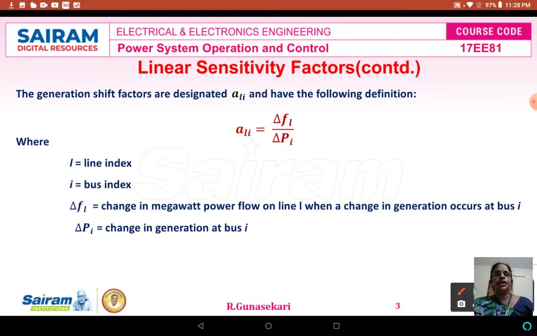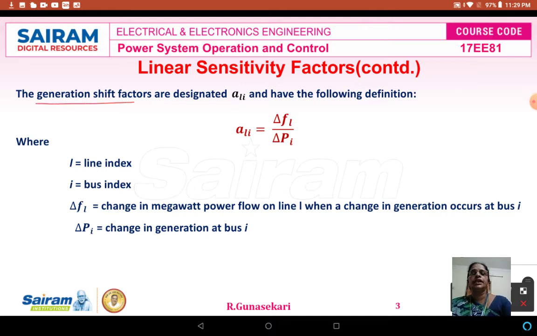First, we studied the generation shift factors. The generation shift factors are designated as A suffix Li, where L is the line index and I is the bus index.